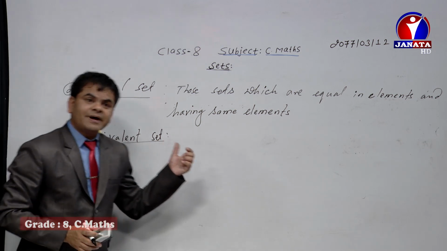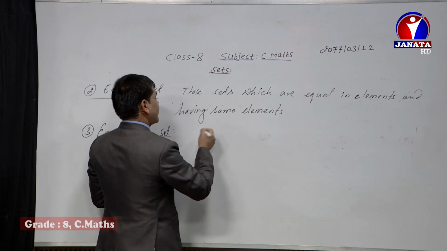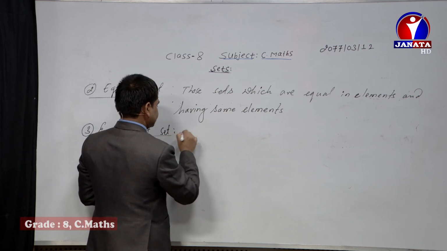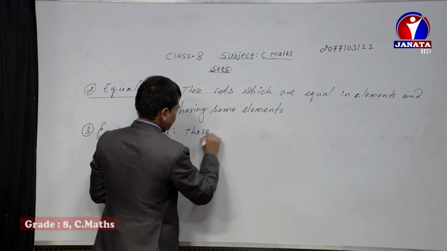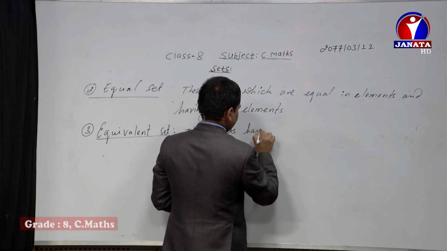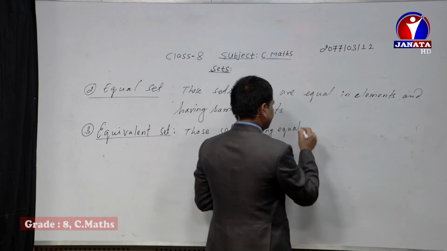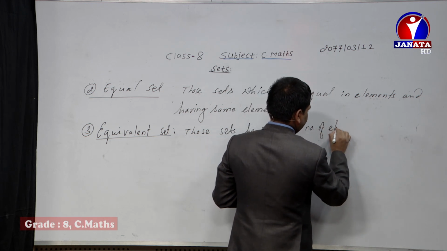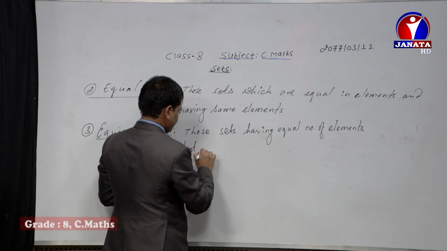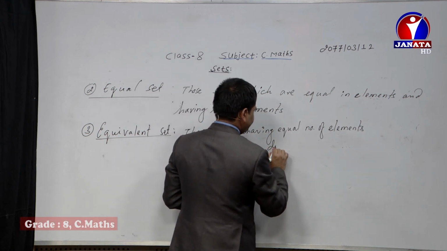Equivalent set refers to those sets having an equal number of elements, but the elements are different.